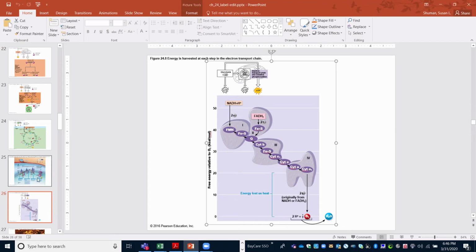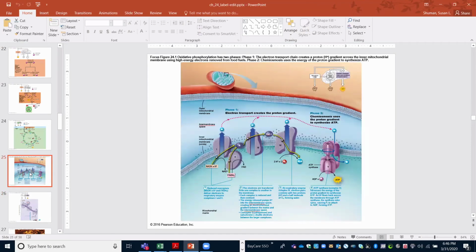So back here on the previous page, 941, it shows you what's kind of happening. Again, these cytochromes and all this stuff I'm not going to ask you about, but the principle is that I am pumping protons from one chamber where all this Krebs cycle stuff is happening to another captured space.